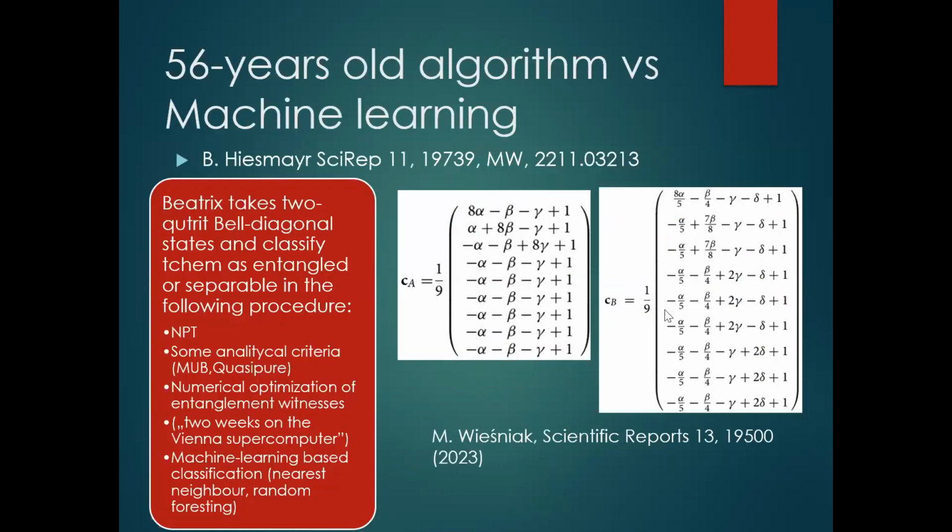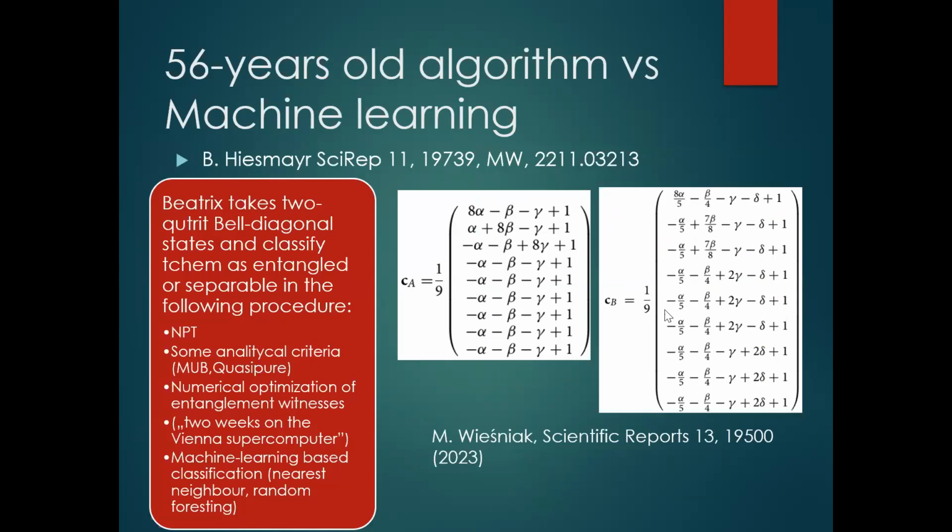One thing that I tried: Beatrix Hilmeyer wrote a paper where she was classifying so-called magic singlet states, which are just mixtures of two Bell states. She had some procedures.